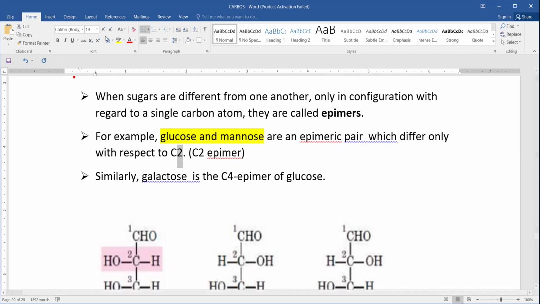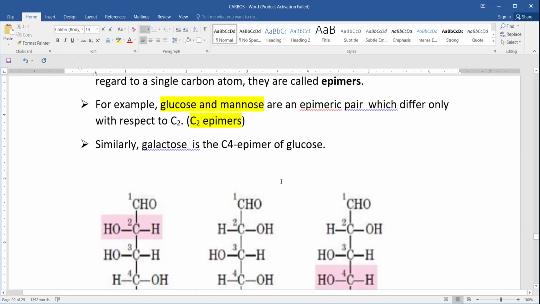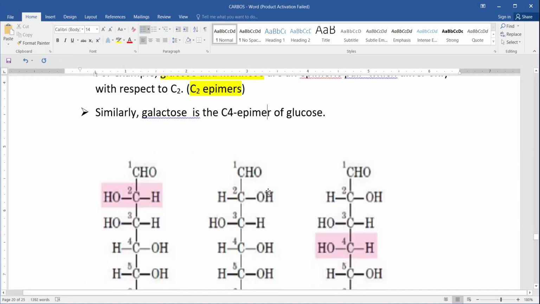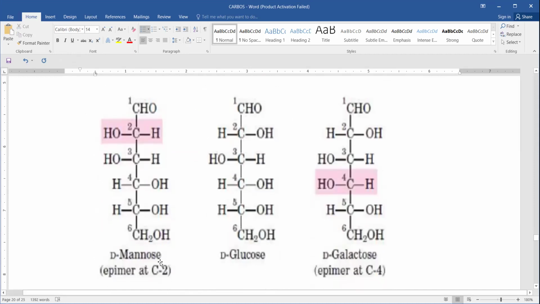Okay, so they are called C2 epimers. A question is asked for an example of C2 epimers, and this has been asked before. So here D-glucose and D-mannose are C2 epimers. Okay, so D-glucose and D-galactose are C4 epimers.